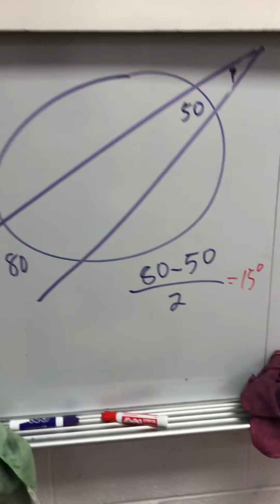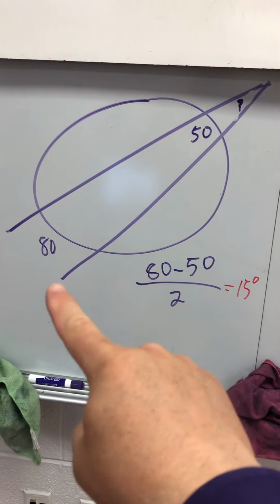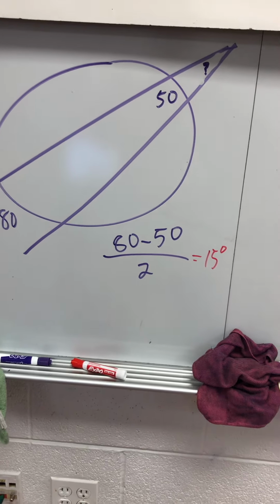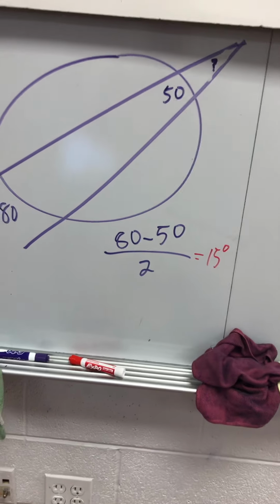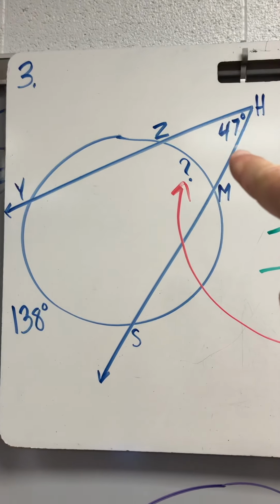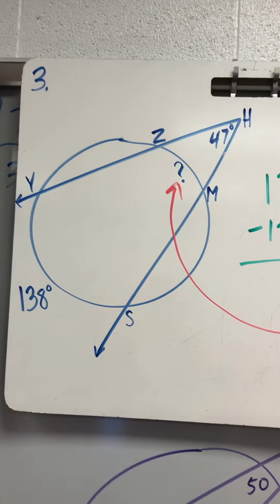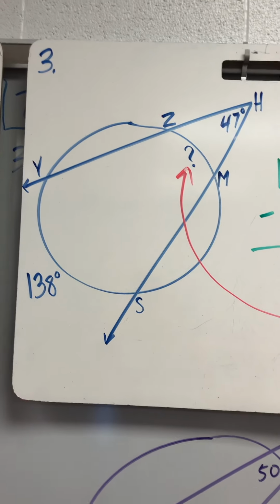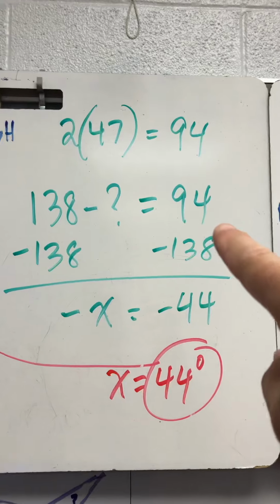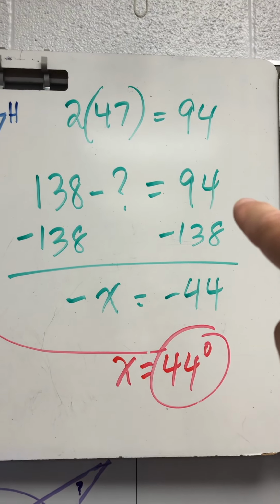Remember, we did this before. We said, okay, 80 minus 50 divided by 2 makes that angle, right? So, what if I'm given that angle? I've got to multiply by 2, right? So if I multiply by 2, then I'm going to say 138 minus the question mark equals the product, right? 94.